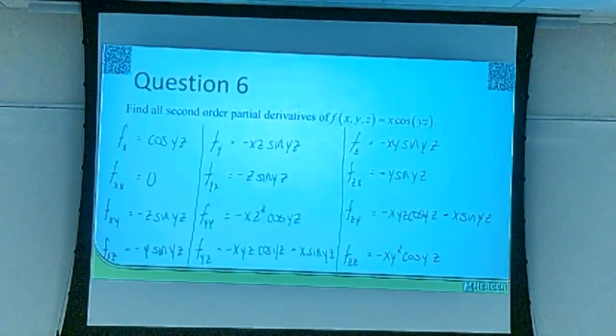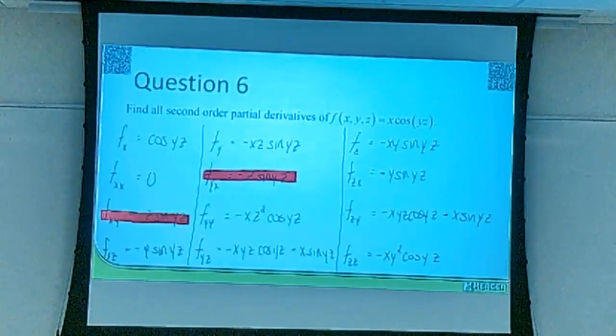Now, verify Clairaut's theorem. xy, yx should be the same, are they? Yeah. xz, zx should be the same.